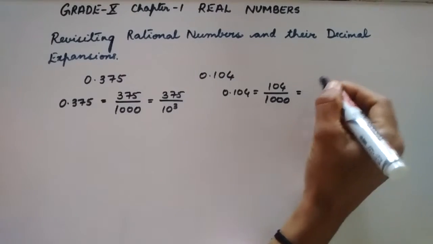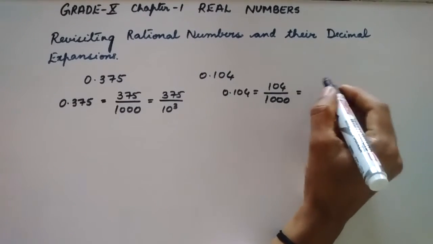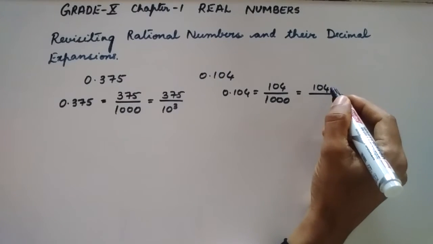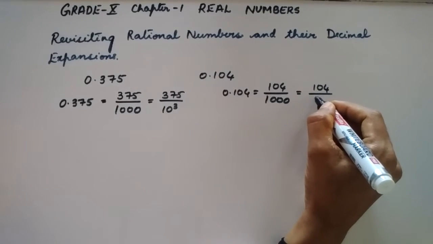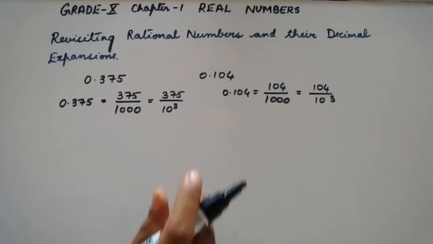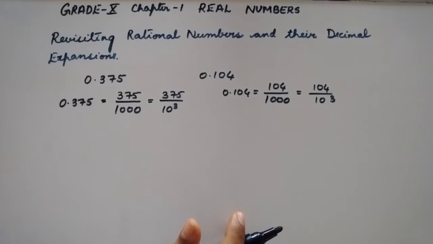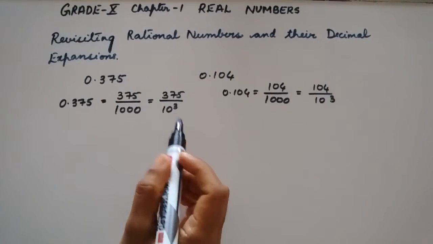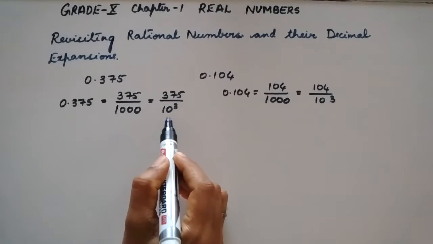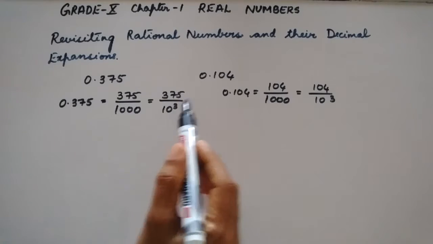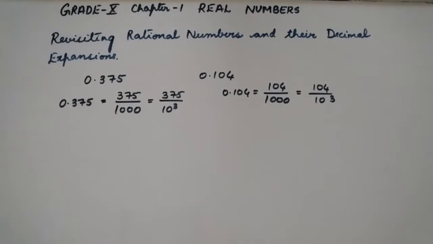Similarly, 0.104 can also be written as 104 by 10 to the power 3. Here the rational numbers have the denominators in terms of powers of 10, isn't it?